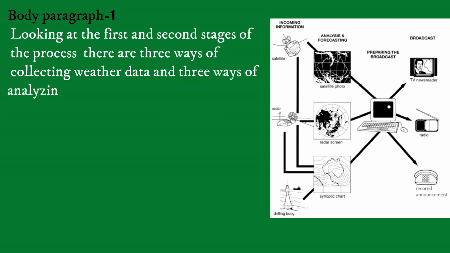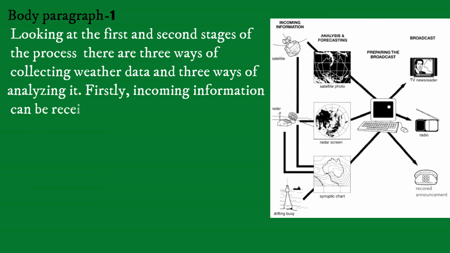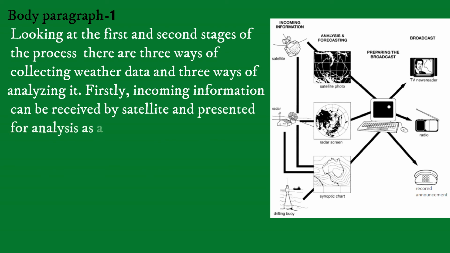So body paragraph 1 should be: looking at the first and second stages of the process, there are 3 main ways of collecting weather data and 3 ways of analyzing it. Firstly, incoming information can be received by satellite and presented for analysis as a satellite photo.